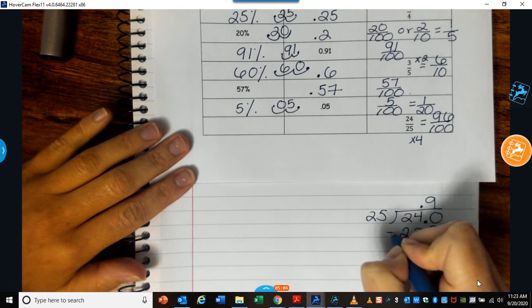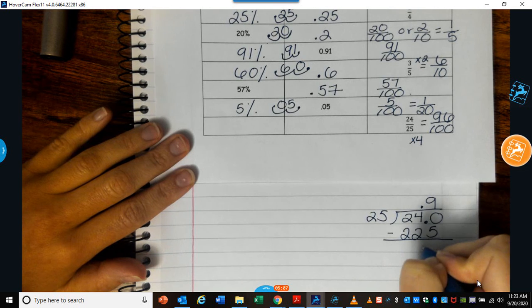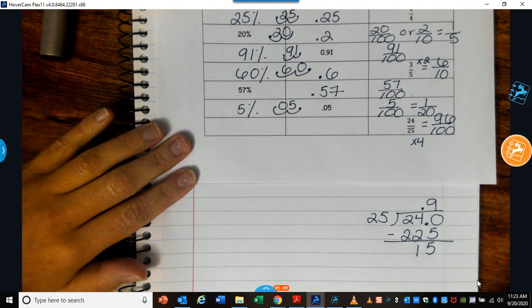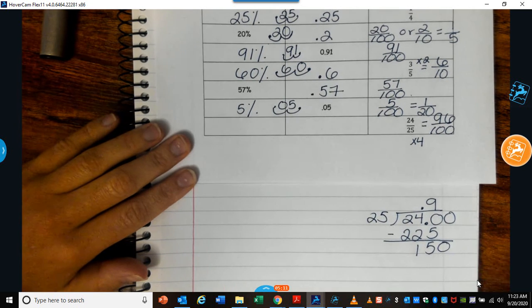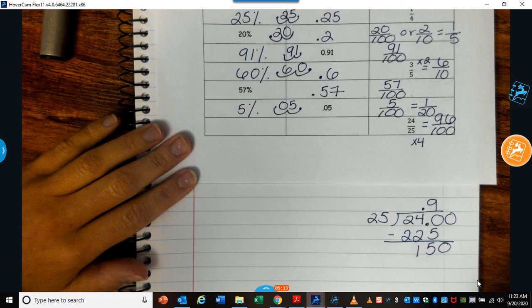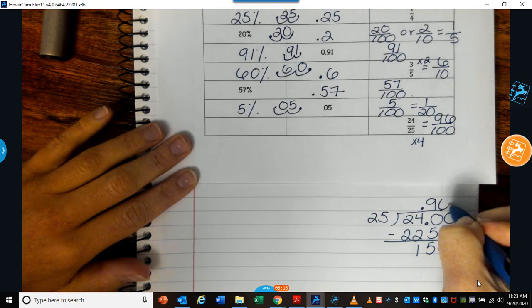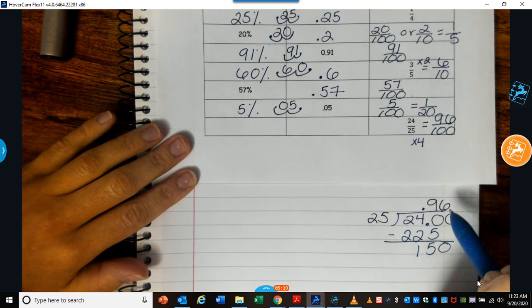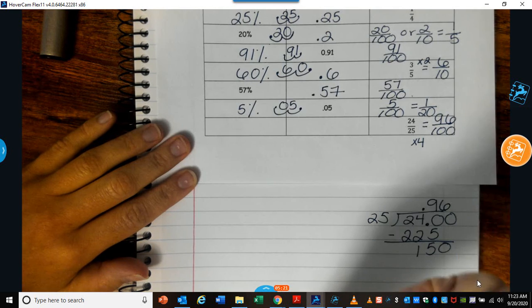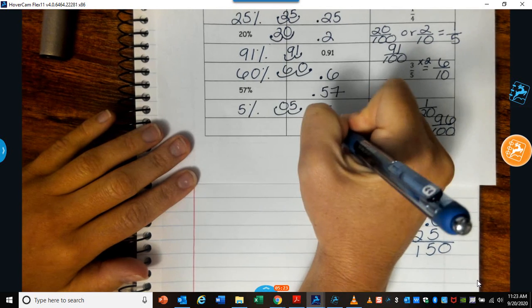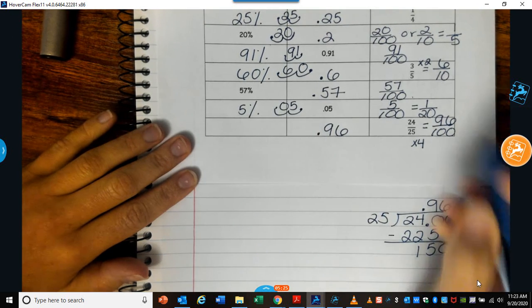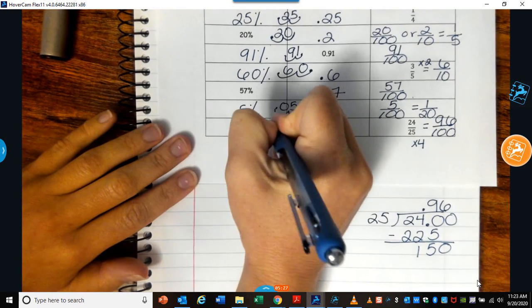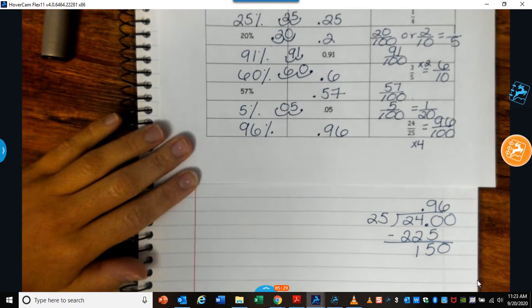If I subtract, I get 15. Add one more 0 and bring it down to make the number 150, and 25 goes into 150 6 times. 96 over 100 is now going to be 0.96. For my percent form, 96 over 100 is 96%.